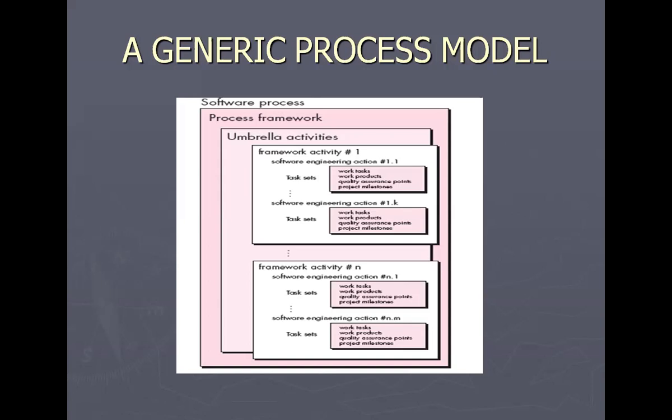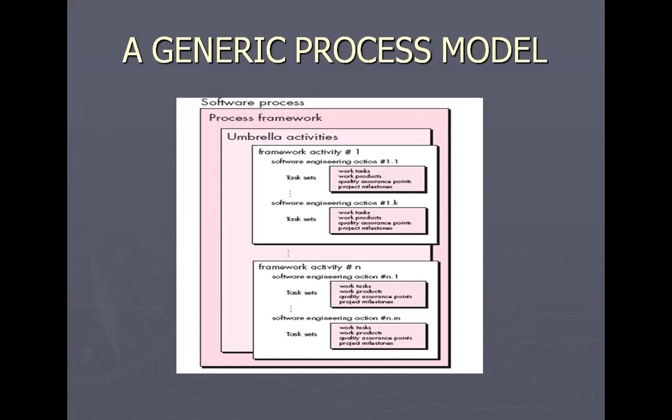is delivered to the customer, who evaluates the delivered product and provides feedback based on the evaluation. These five generic framework activities are the five basic activities of the framework: communication, planning, modeling, construction and deployment.